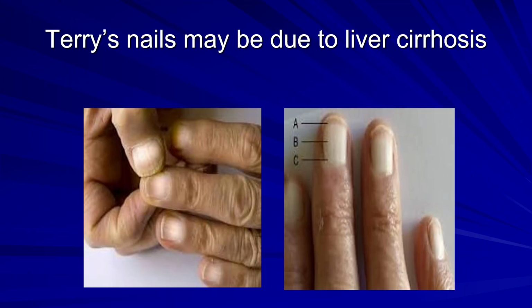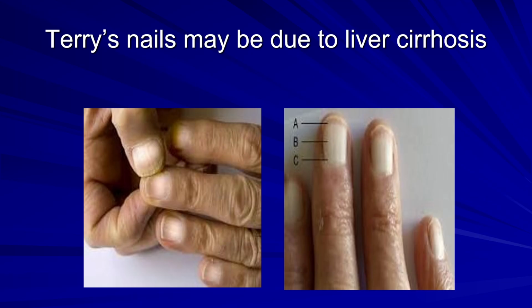The presence of Terry's nails may be due to liver cirrhosis. What you can see on the slides, which I obtained from Google Images, is whitish discoloration of the nail bed, loss of the lunulae, which is at the bottom of your nail, pointed to by C, and purplish discoloration of your nail tip.